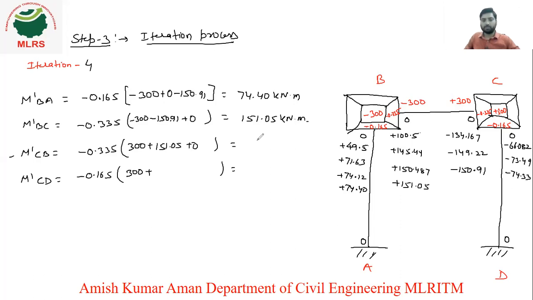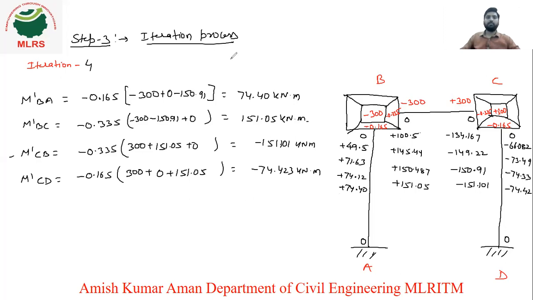If you will calculate, you will get minus 151.101 kilonewton meter. So we'll update here minus 151.101. Next, here it will be 0, 151.05. If you will calculate it, it will be minus 74.423 kilonewton meter. So minus 74.42 we can write here.